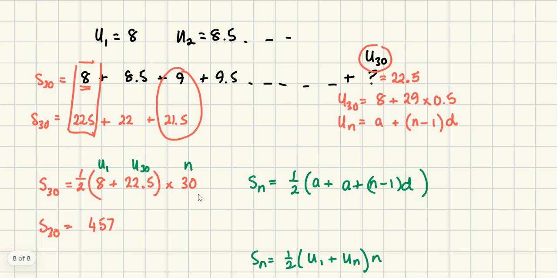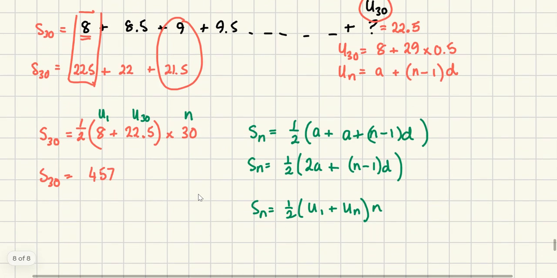How can I simplify that? Sn is a half times 2a plus n minus 1 lots of the difference. That's just the same, and it gives you the second one that IB was using.